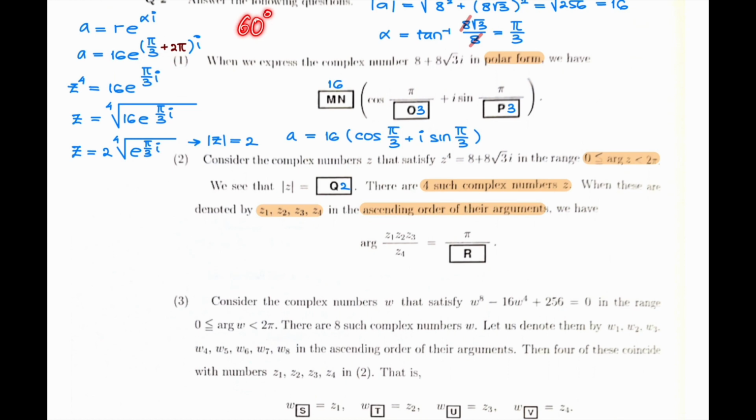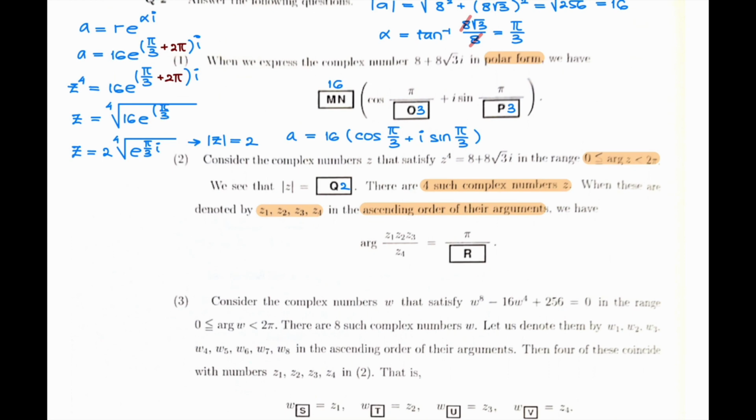I have 60 degrees, and if I add 360 degrees, I will have 420. Of course, 420 is the same as 60 degrees. So I will change this argument in the general form like this, and I will also change it here.